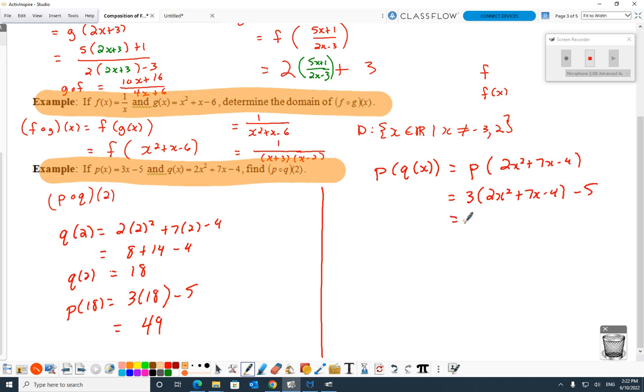Do what you have to do to simplify that out. I think I get 6x squared plus 21x minus 12, and then the minus 5 out there. There, now I've got p at q at x equal to 6x squared plus 21x minus 17. There's p at q at x, all simplified down for me.